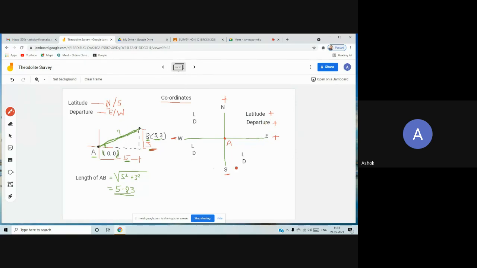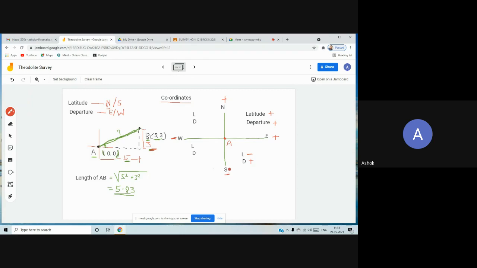Here this coordinate is the southeast coordinate. So latitude will be positive or negative? Negative, because it is south. Departure will be positive or negative? Positive.